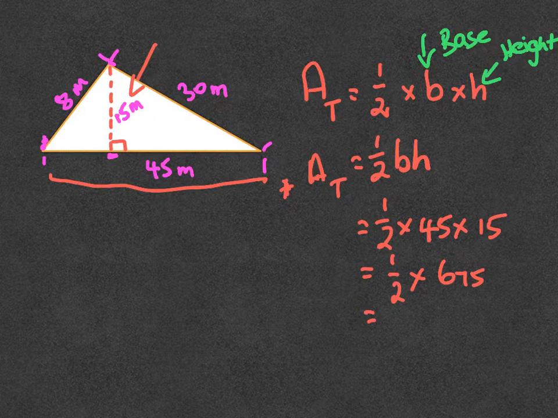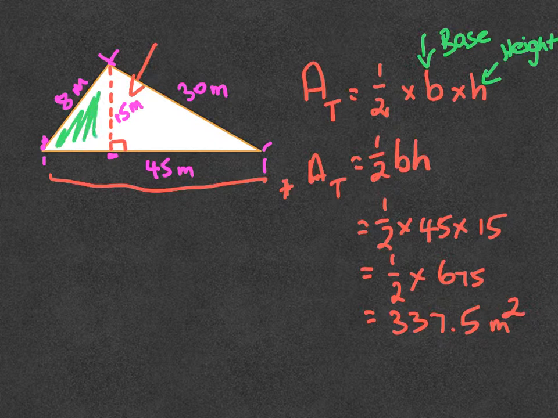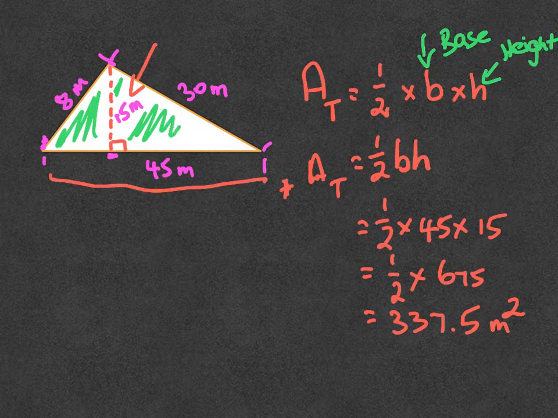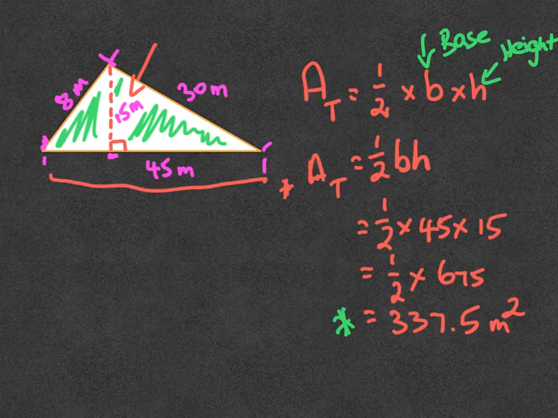Basically we're either dividing it by 2 or multiplying it by 0.5. Either way, your answer will be the same at 337.5 meters squared. So what I'm saying is all of this area here and along here, all of that equals 337.5 meters squared.